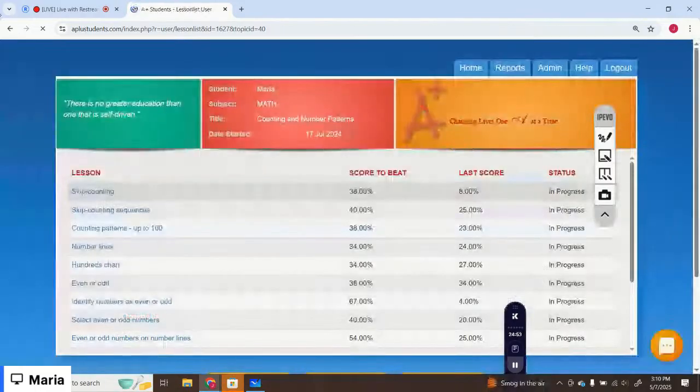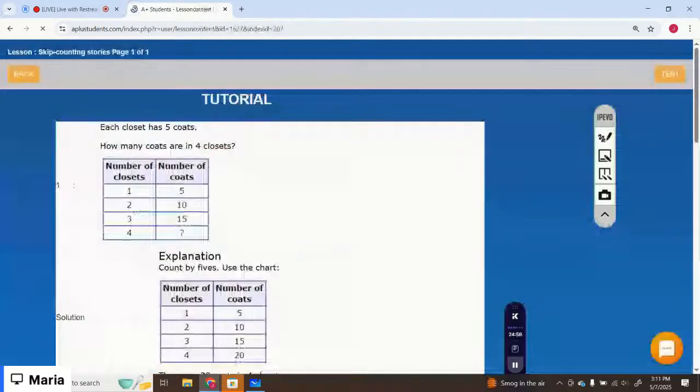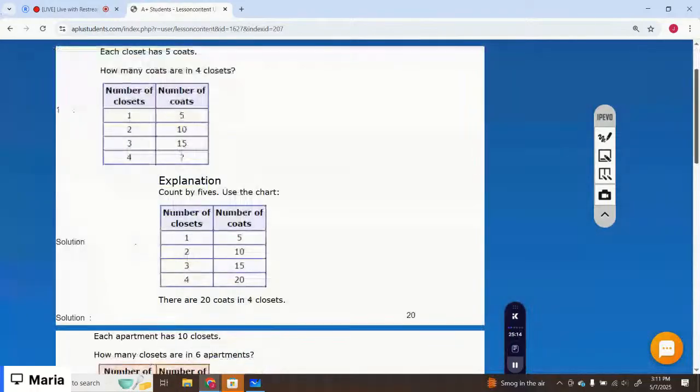The next one is skip counting stories. Let's start with the lesson. Each closet has five clothes. How many clothes are in four closets? Basically, these are stories you have to complete using skip counting.